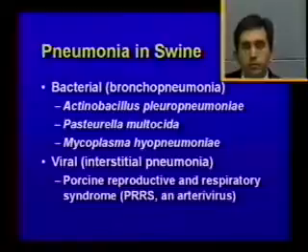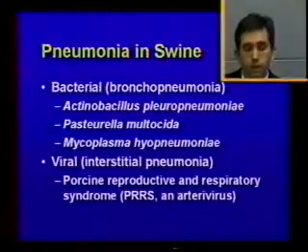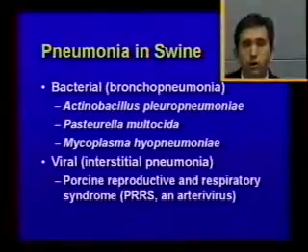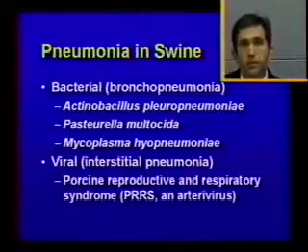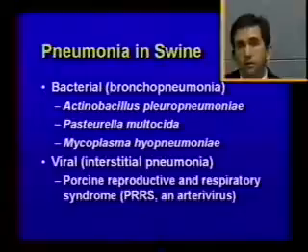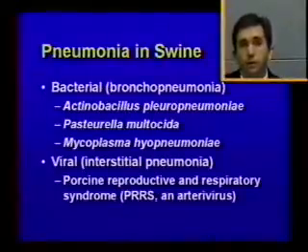There's one virus that's recently been the focus of a lot of attention in causing interstitial pneumonia in pigs. And this is the agent known as PRRS, or Porcine Reproductive and Respiratory Syndrome. This is now known to be an arterivirus, and it causes late-term abortion in pigs, and also pneumonia in newborn and pre-weaning and slightly post-weaning pigs.